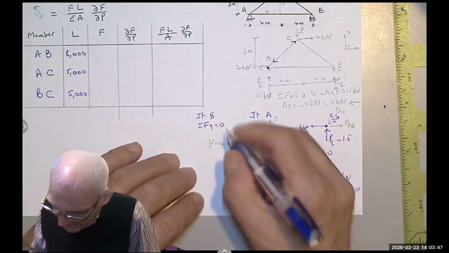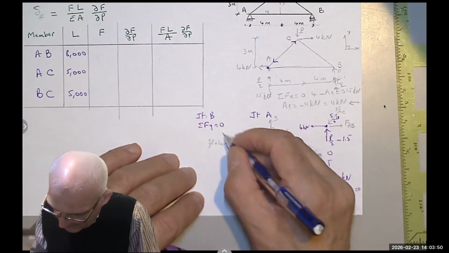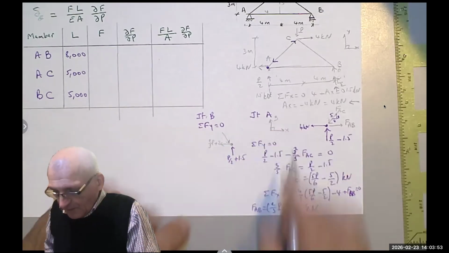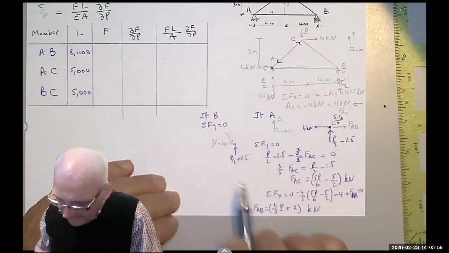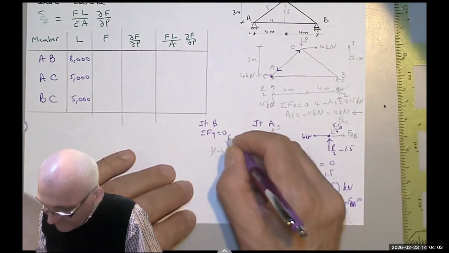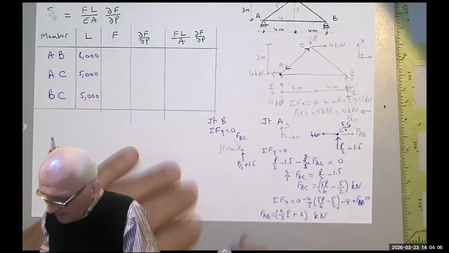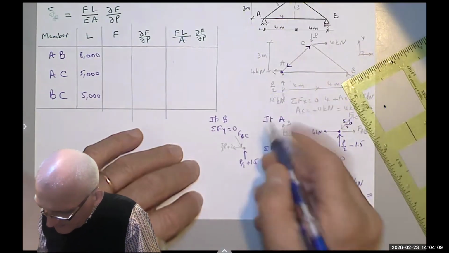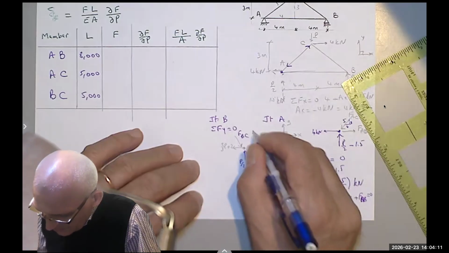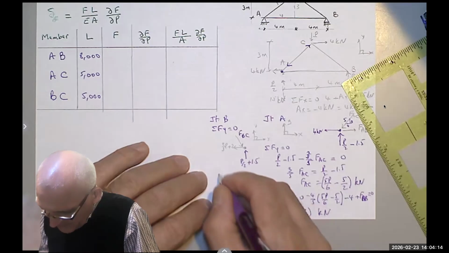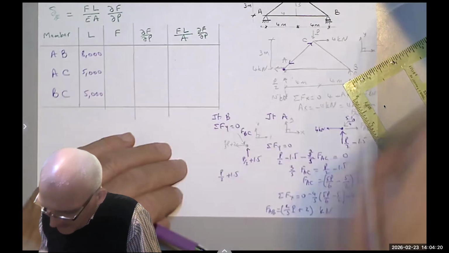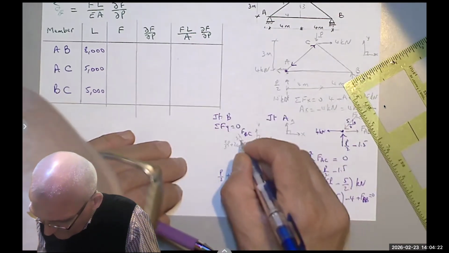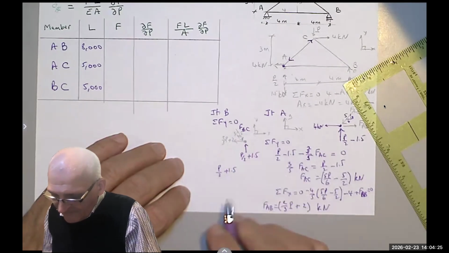And then I have a compression force. Why compression? Because if the x is to the left here, x would be to the right there. If P is going up here, P is going down there. So this is FBC. And again, here is my x, here is my y. I can say P over 2 plus 1.5 minus, this is 3, 4, 5 again, minus 3/5 of FBC equals 0.